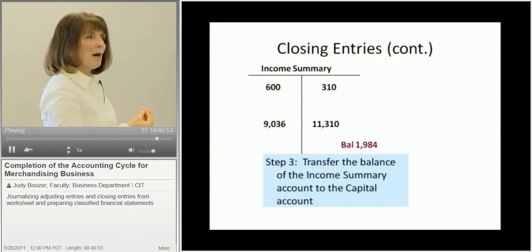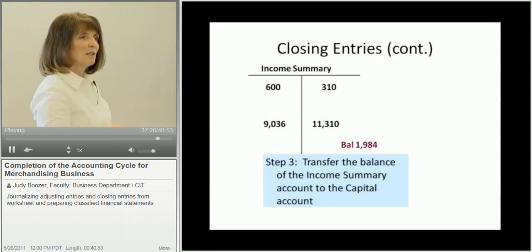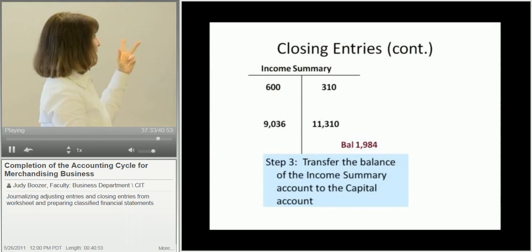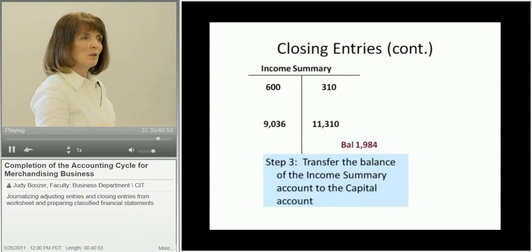And that's the amount that you use to close income summary, the actual balance in it. And there should be 4 entries. One from the beginning merchandise inventory closing it, one from putting in the ending, and then one from closing out the credit balance accounts and one from closing out the debit.